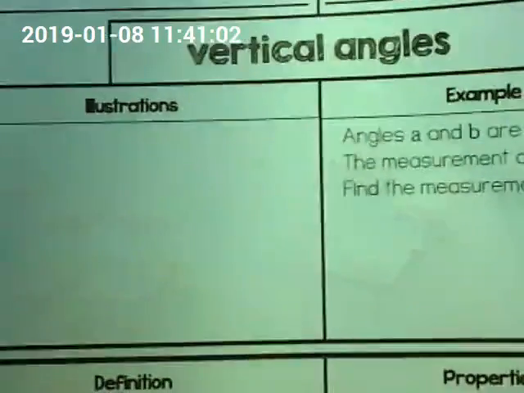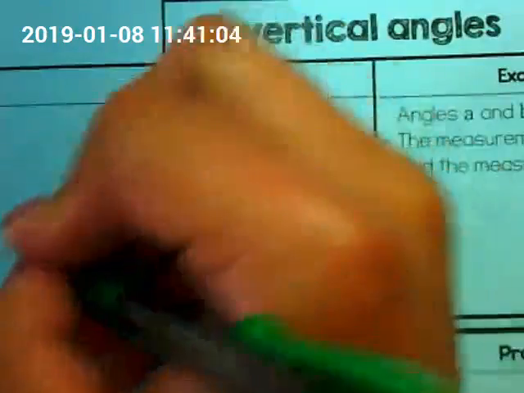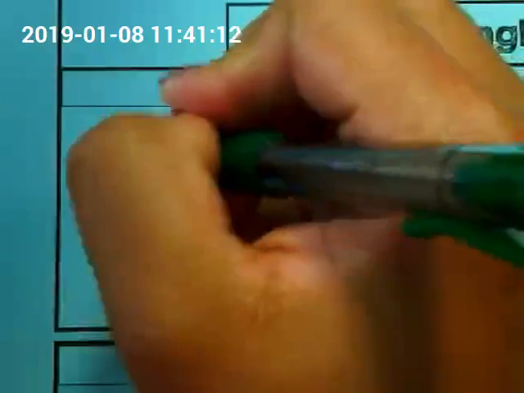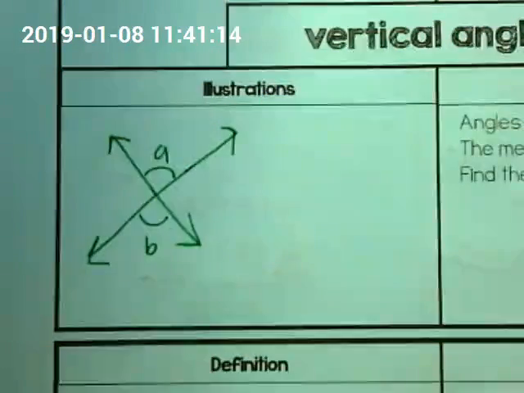All right, so if we want to draw a picture, we could draw our two lines intersecting. Angle A and B are equal to each other. They're opposite each other and they're always equal because they're formed by two straight lines that intersect.